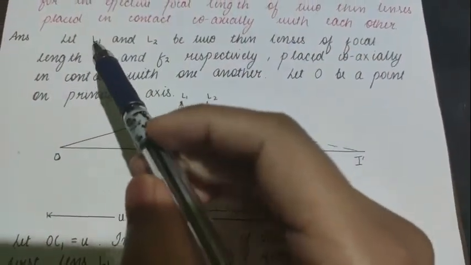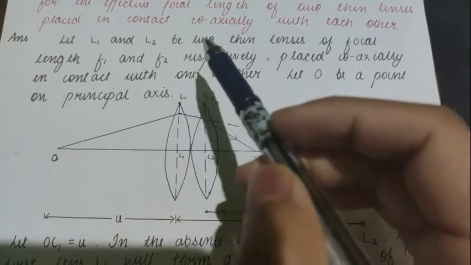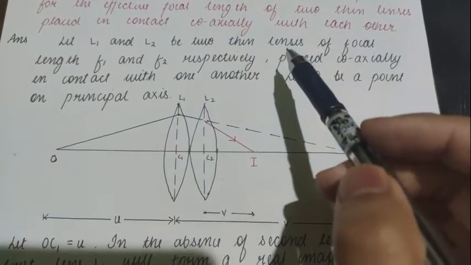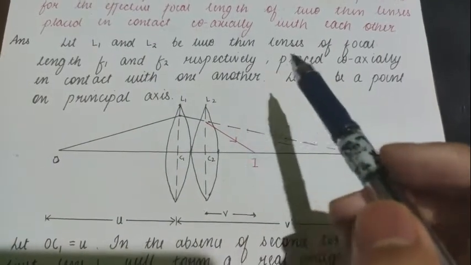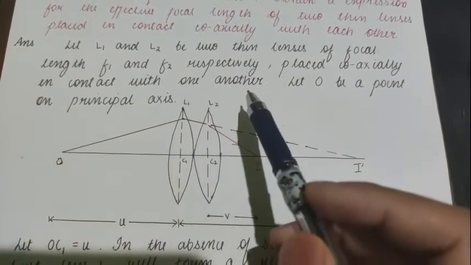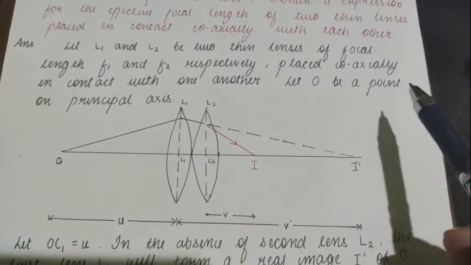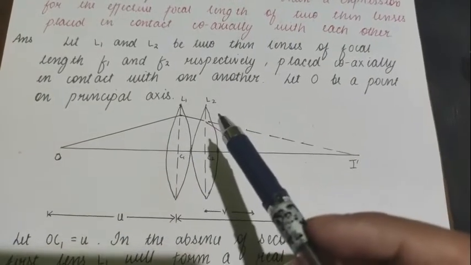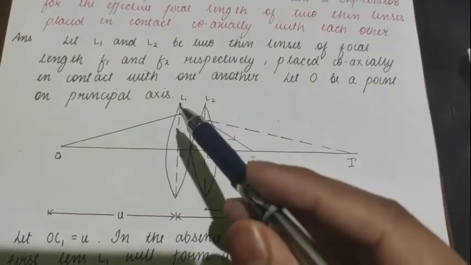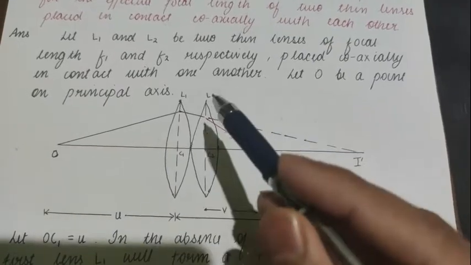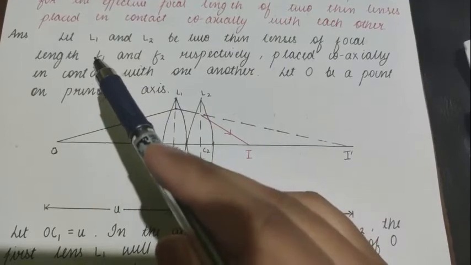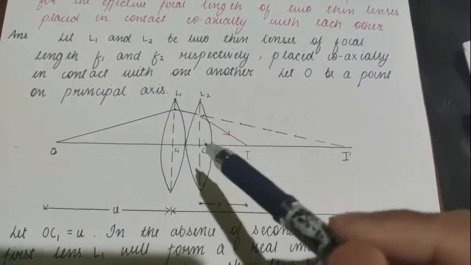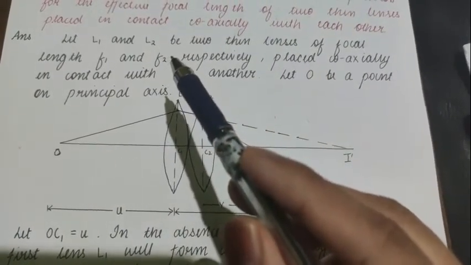Now, let L1 and L2 be two thin lenses of focal lengths f1 and f2 respectively, placed coaxially in contact with one another. Let O be a point on the principal axis. You have two lenses, L1 with focal length f1 and L2 with focal length f2.